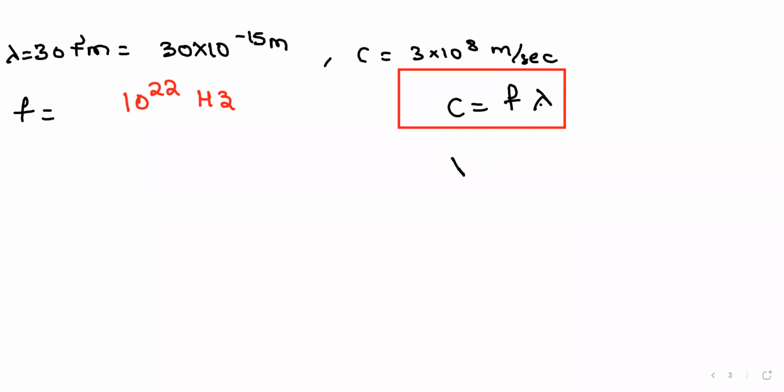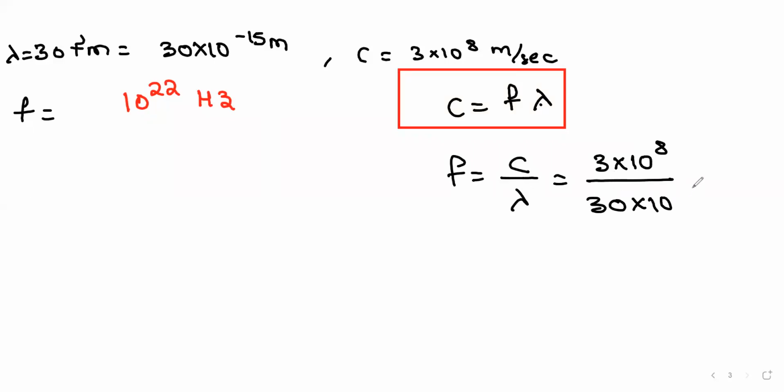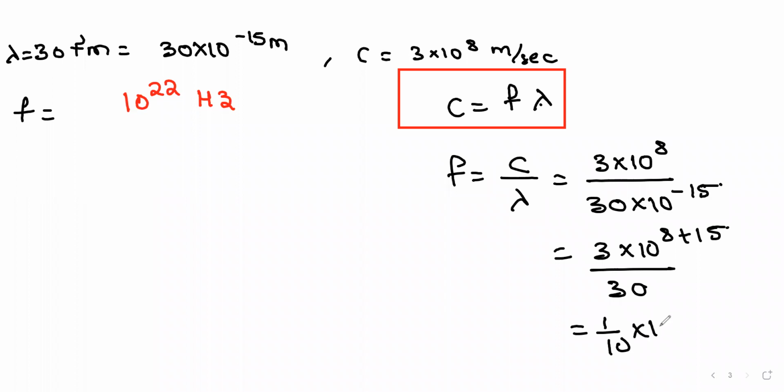Then frequency is equal to c by lambda, 3 into 10 power 8 by 30 into 10 power minus 15. 3 into 10 power 8 plus 15 by 30, we get 1 by 10 into 10 power 23, we get 10 power 22.